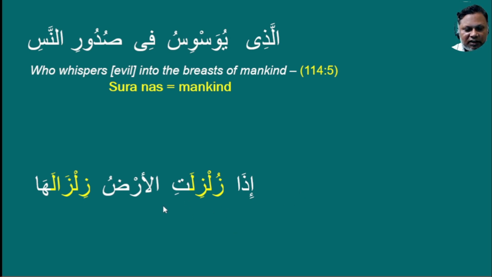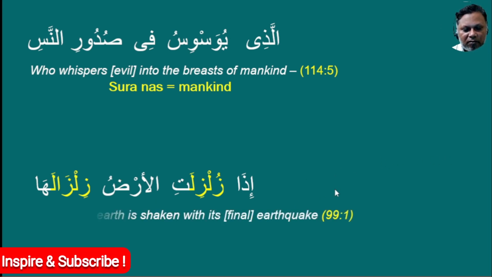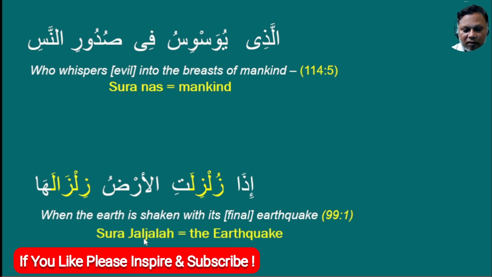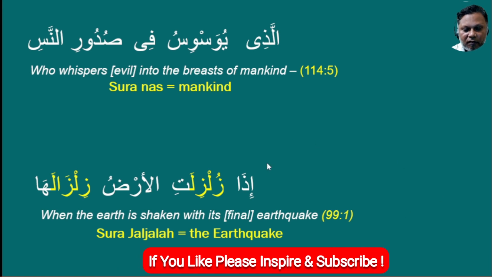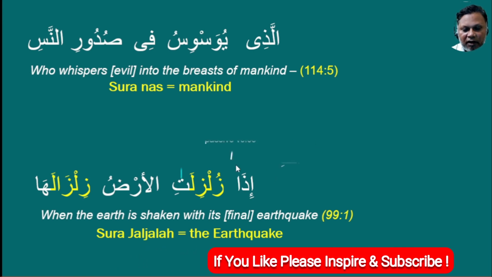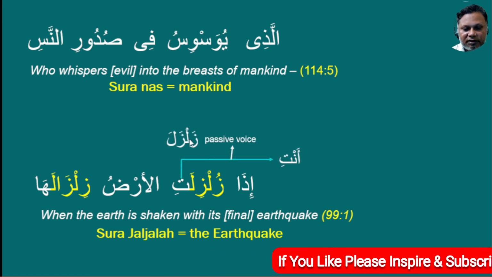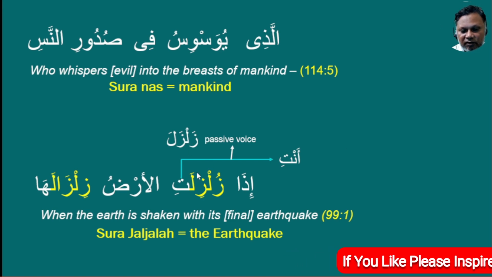Now let's see another example. Idha zulzilat il-ardu zilzalaha. This is the ayah from Surah Zalzala, and the meaning of Zalzala is the earthquake. Here our verb was Zalzala, but here we are saying Zulzila.